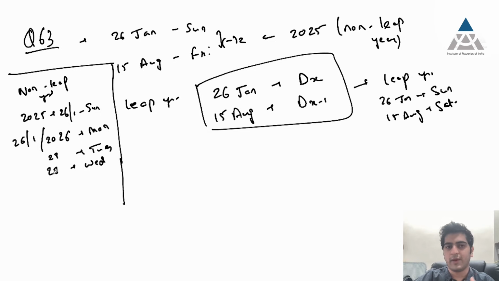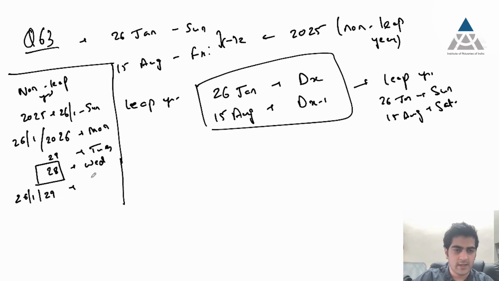Okay, but what if it is a leap year? 2028 is a leap year. Now, if I talk about 26 Jan 2029, will it fall on the next day, Thursday? The answer is no. Again, because in 2028 you had February in between, which had 29 days. All the days go up by 1, which means now the gap will be 2 days.